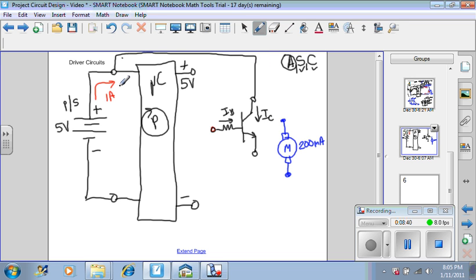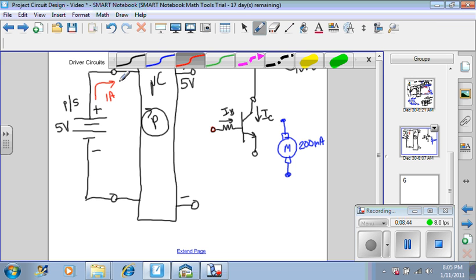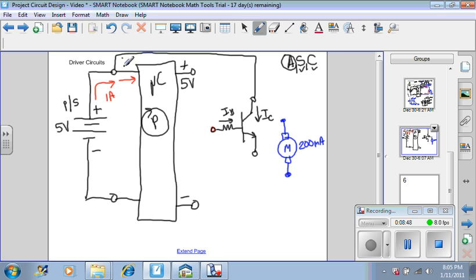So now what you have is a little bit of current going into the microcontroller, and you also have some extra current that I can use for another component. Now, when that current will be used will be determined by how I operate the base of the transistor.